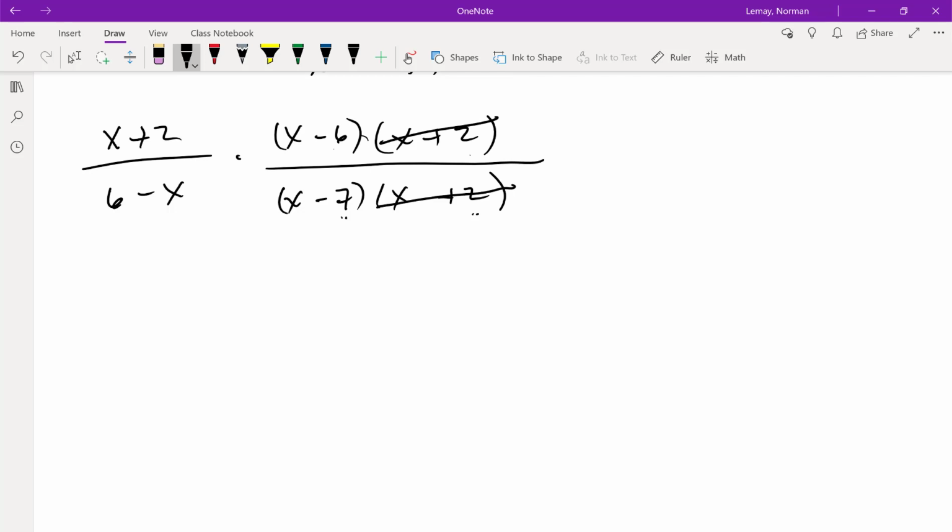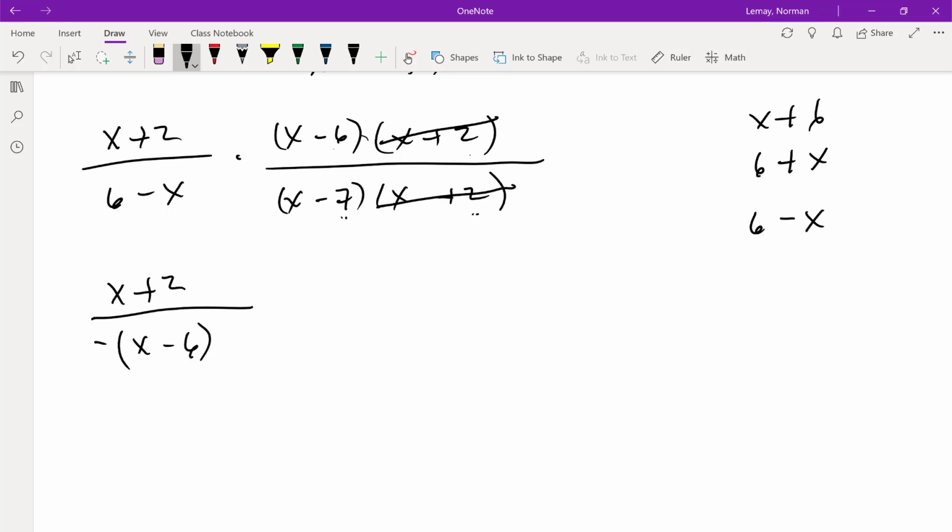And notice that I can do that by factoring a negative. So if I factor out a negative, then these flip and I get x minus 6. Now this only works with differences, because x plus 6 and 6 plus x are the same. But 6 minus x and negative x plus 6 are the same.